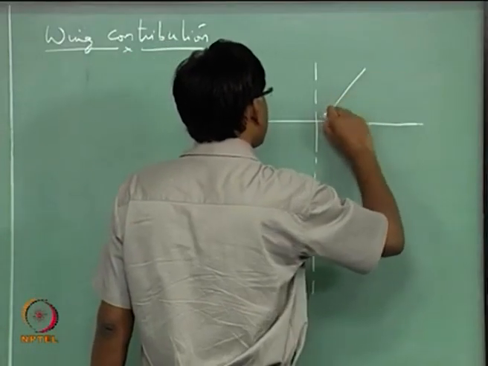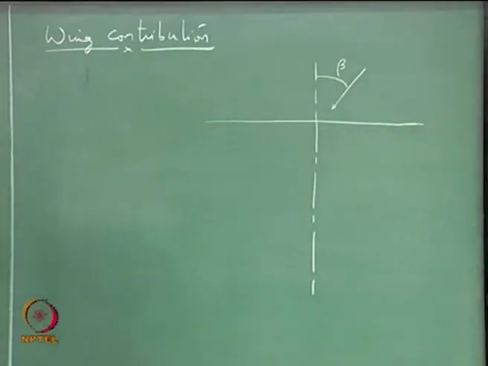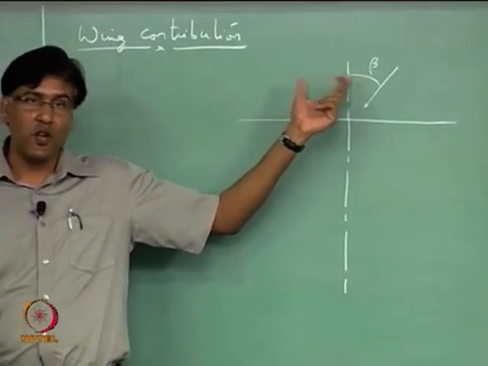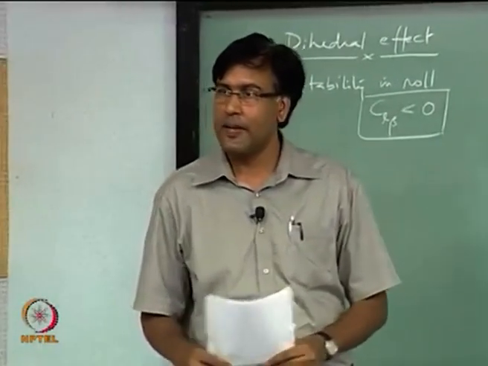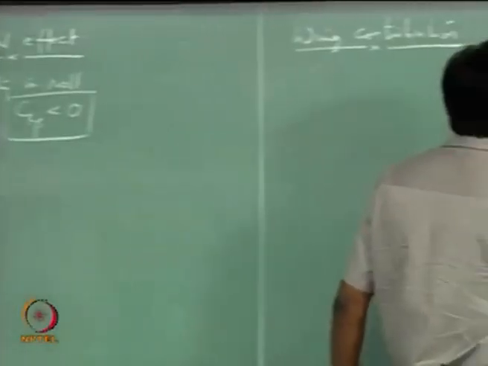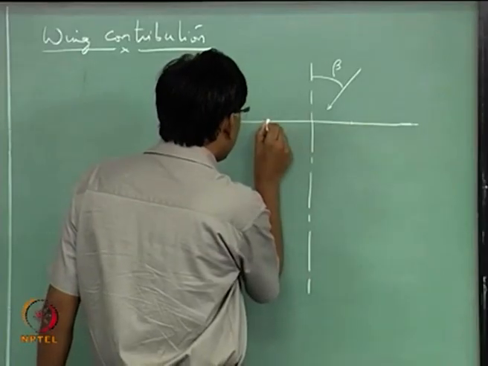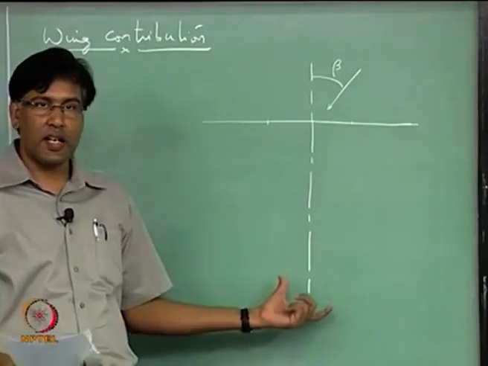So, some velocity coming at beta. This beta is not a trim condition, you have to remember that. I am repeating this stuff. This beta is caused by a disturbance. If you want, you may call this delta beta. So, let us look at a section of the wing on both sides at equal distance from the center line.